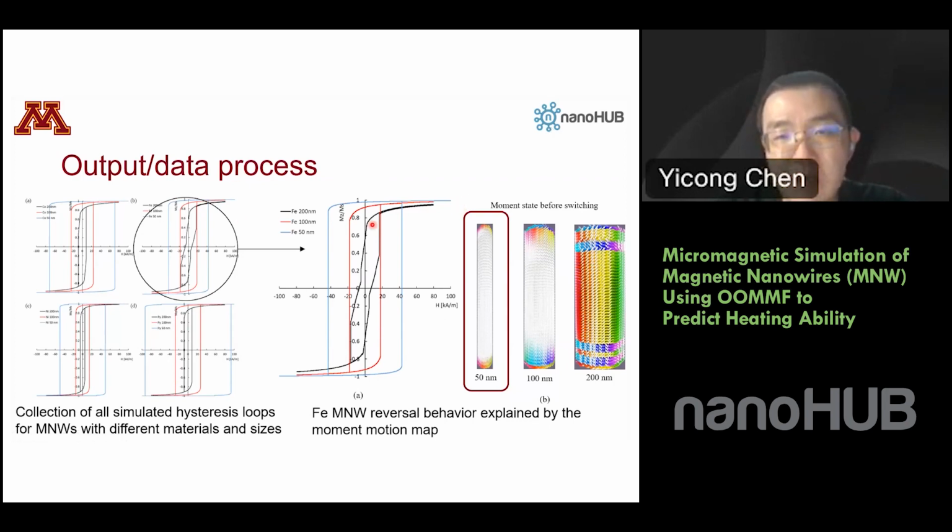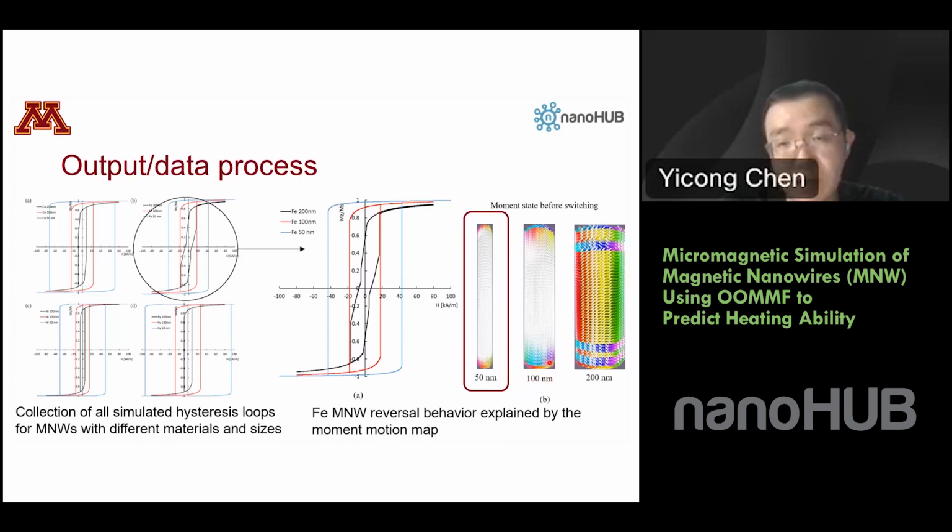And here is the collection of the iron magnetic nanowires from 50 to 200. If you compare the magnetic moment state just before switching, you can see that there's a big difference between the states, separated by the different sizes of the nanowire.